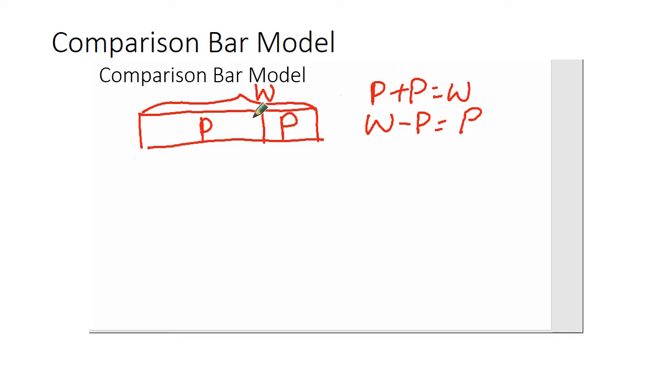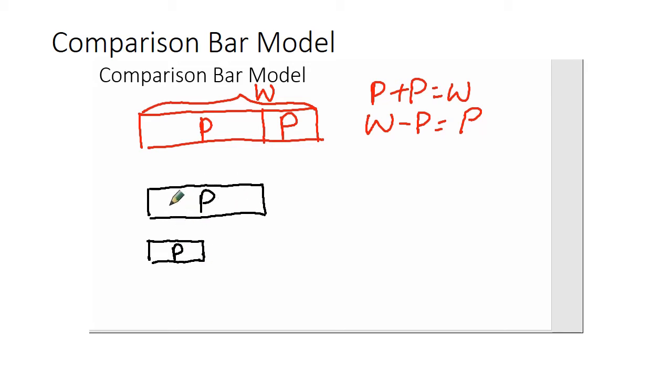But what if we take these two parts, bar them apart, and align them? We have to align them correctly. And this part and this part are now lining up.